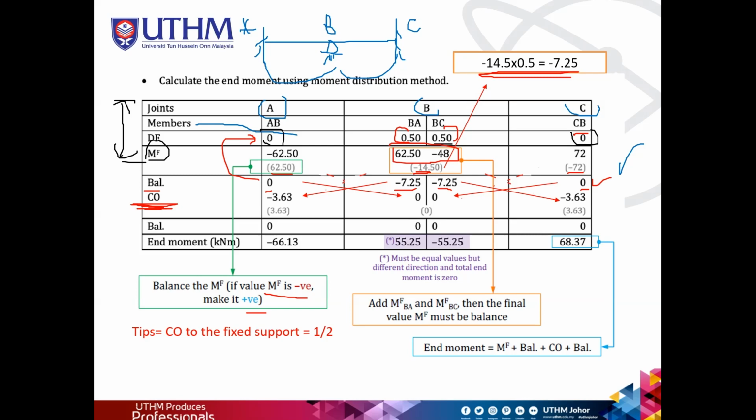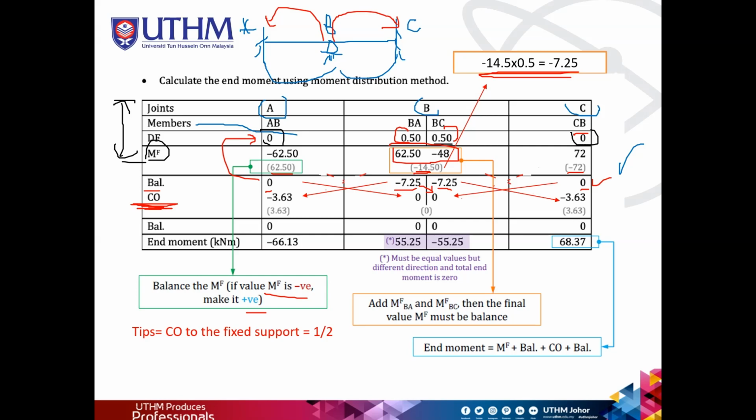That's why if you look at here, we don't have negative 7.25 carried over to the next, because this one is the same B joint, the same joint. So carry over only carries over to another support. B we can carry over to A, and B we can carry over to C. So that's why we have arrows like this.